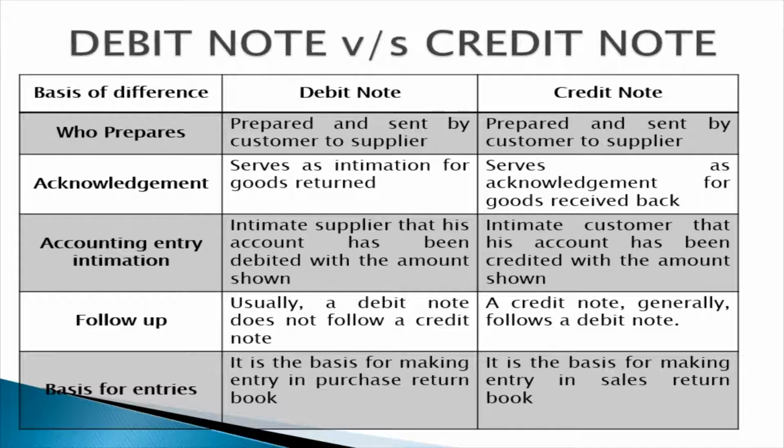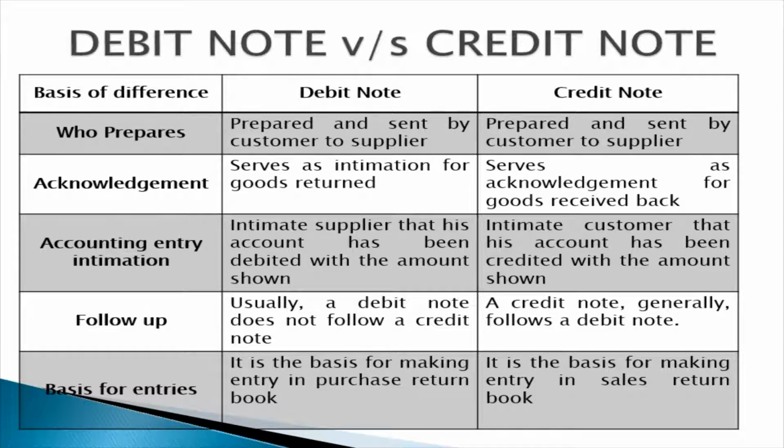Debit note serves as an intimation for goods returned, and credit note serves as an acknowledgement for goods received back. Accounting entry intimation. Debit note intimates supplier that his account has been debited with the amount shown. And credit note intimates customer that his account has been credited with the amount shown.